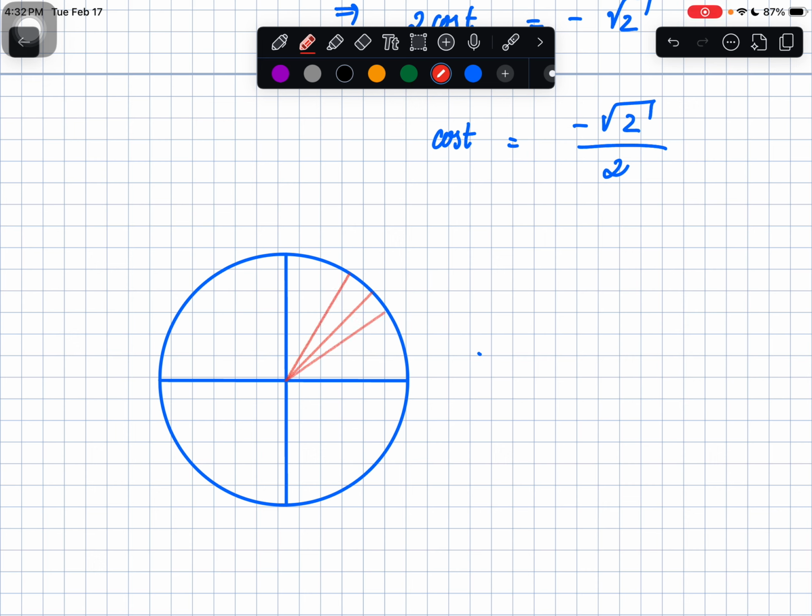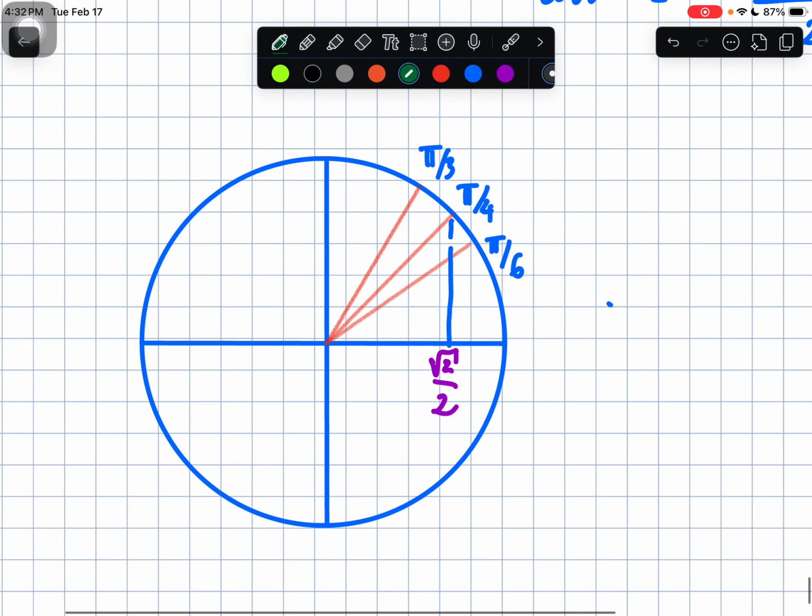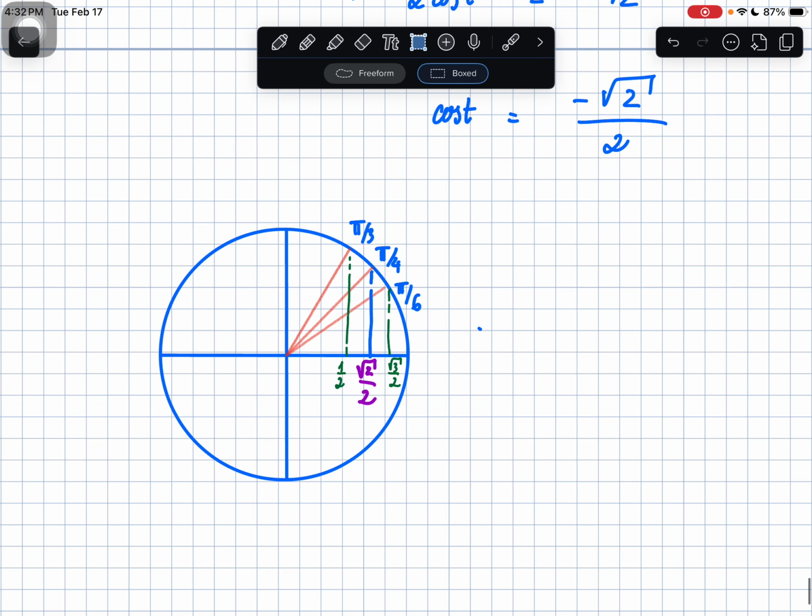So pi over 4, pi over 6, pi over 3. And pi over 4 corresponds to root 2 over 2, that's the one we care about. The other two you don't use in this example, but you should remember: 1 over 2, root 2 over 2, and root 3 over 2. In this example, we only care about minus root 2 over 2.